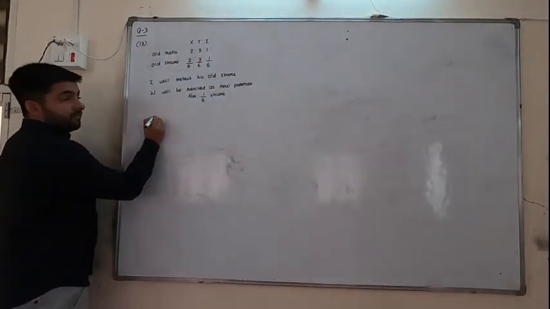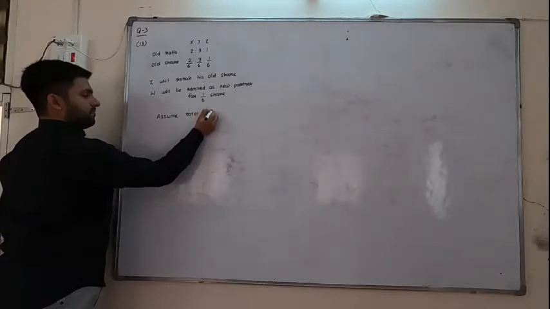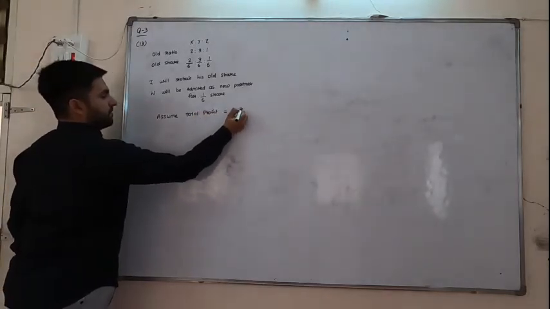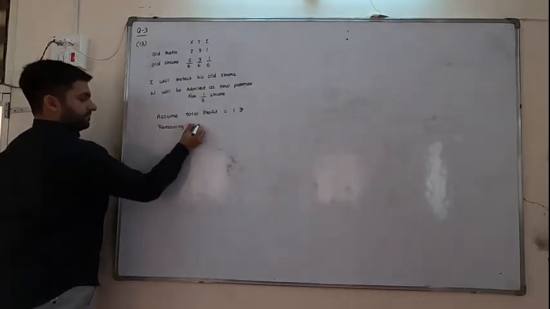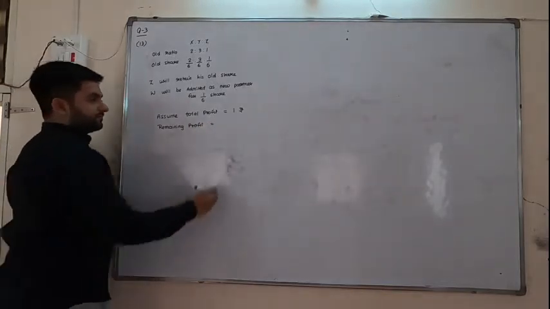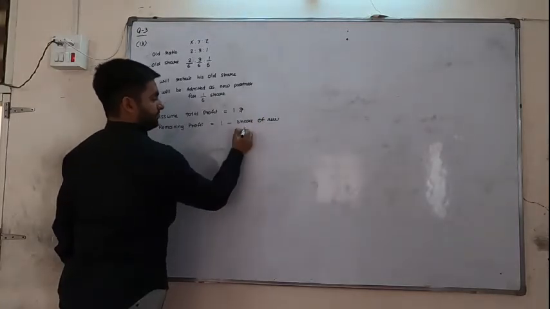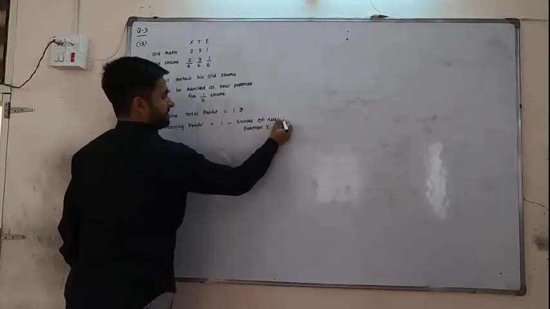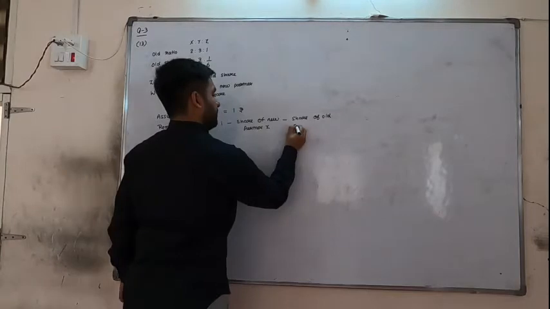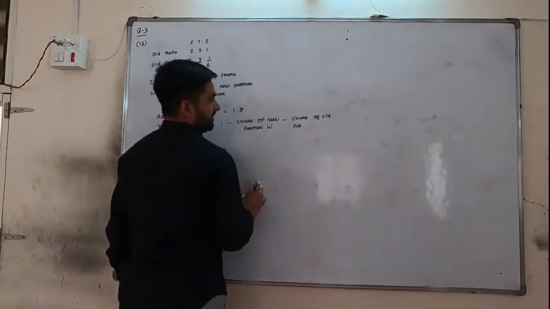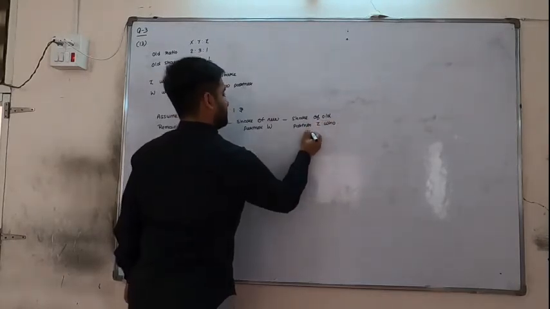Now where to start? Assume total profit is 1 rupee, then remaining profit is equal to 1 minus share of new partner W minus share of old partner Z who retains.